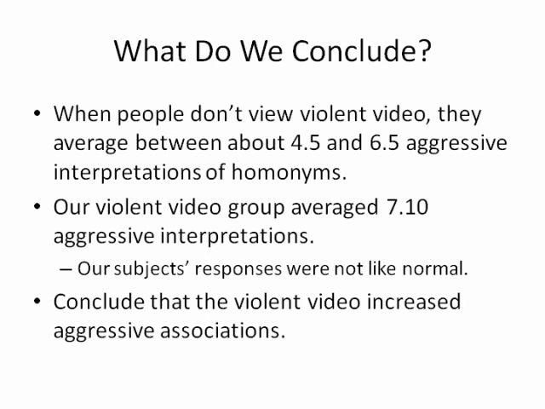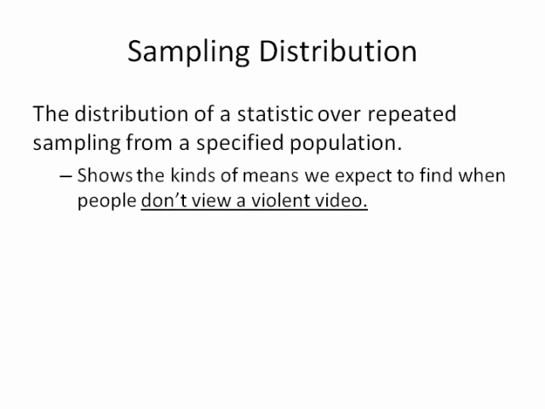Now, this is without our experimental manipulation involved. When we actually introduce the experimental manipulation, showing the violent video, we find that the group averaged about 7. So what we begin to assume is that our subjects' responses were not like normal, normal being the sampling distribution I showed on the previous slide.